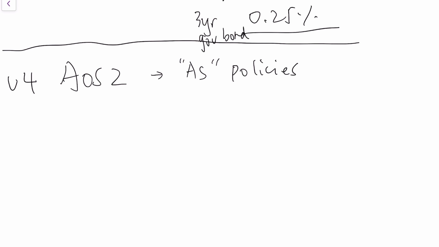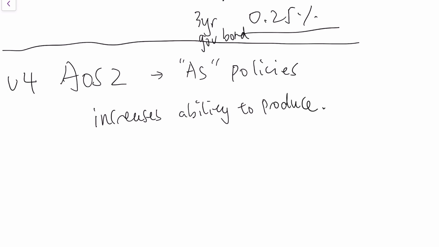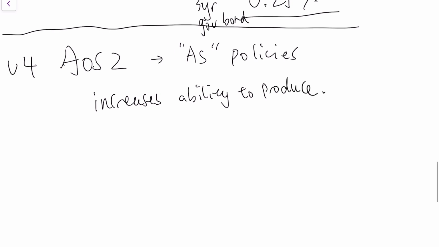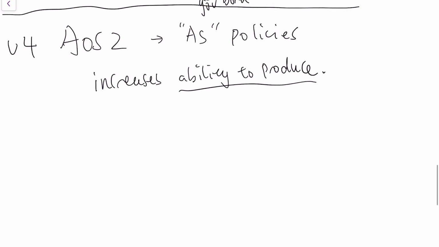It increases the ability to produce. And this is what guarantees a sustainable level of economic growth. So there are many different types of AS policies.